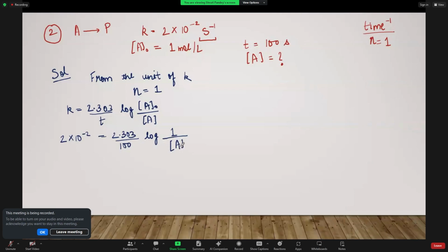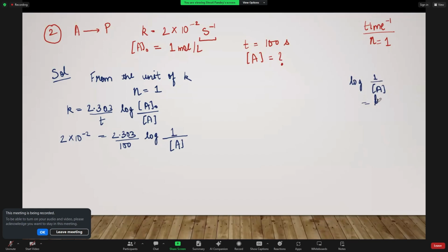ठीक है, तो आपको पता है 1 upon a को we can write it in terms of minus. ठीक है, basically I want to say कि ये जो log 1 upon a है, we can write it in terms of minus.